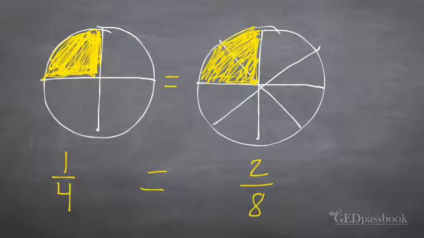So, let's say we didn't have these pictures here. Let's say we didn't have anything. Let's say we just had something like this. This, my friends, is implying that both of these fractions are equal to each other.